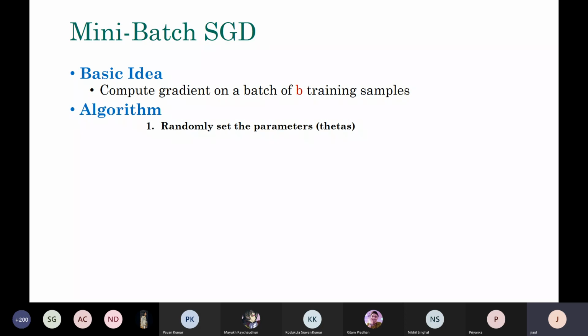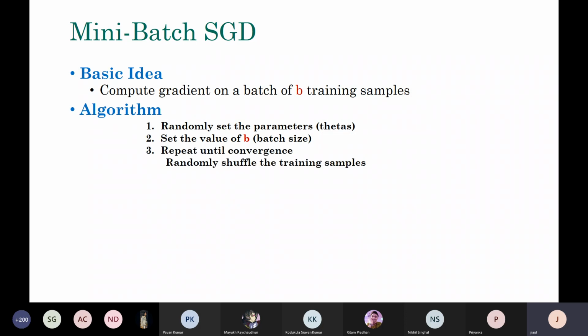First step is to randomly set the parameters. Then you set the value of B, the batch size. It's essentially grouping your training data, 10, 10, 10, or 20, 20, 20, something like that. Then repeat until convergence. You randomly shuffle the training data, just like the previous case.